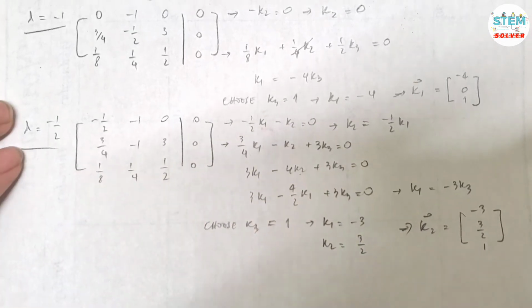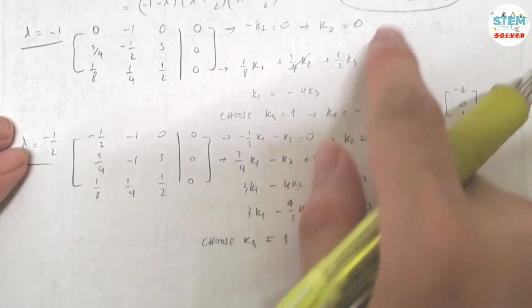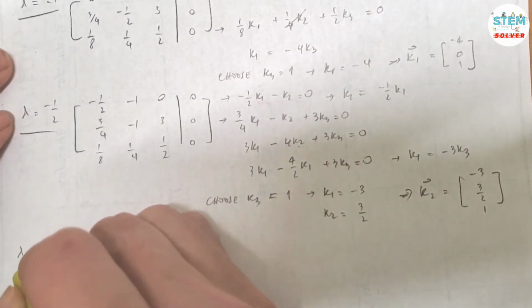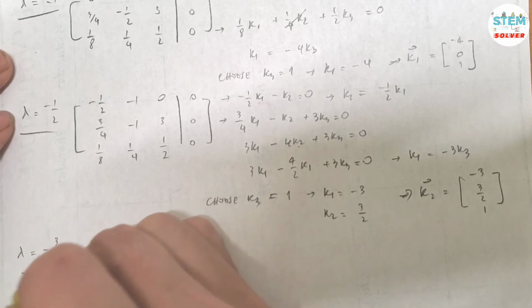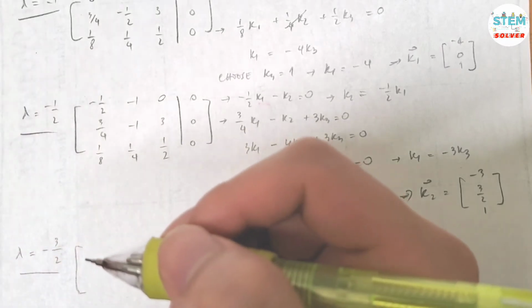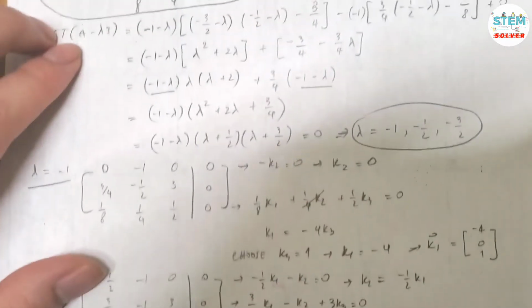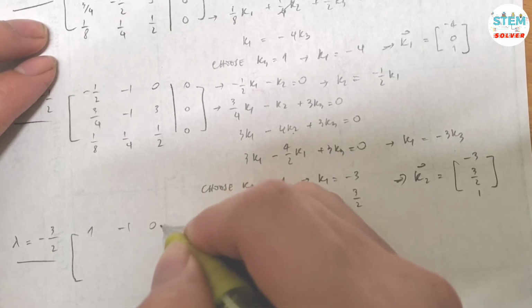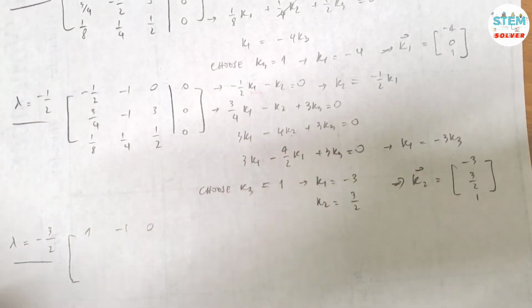Again, you are going to repeat this process one more time for lambda equals negative 3 halves. It's kind of lengthy, but just follow me, we're almost done. Plug it into the matrix up here. You will get a new matrix which is 1, negative 1, 0. Let's see if I did it correctly. I have negative 1 plus 3 over 2.